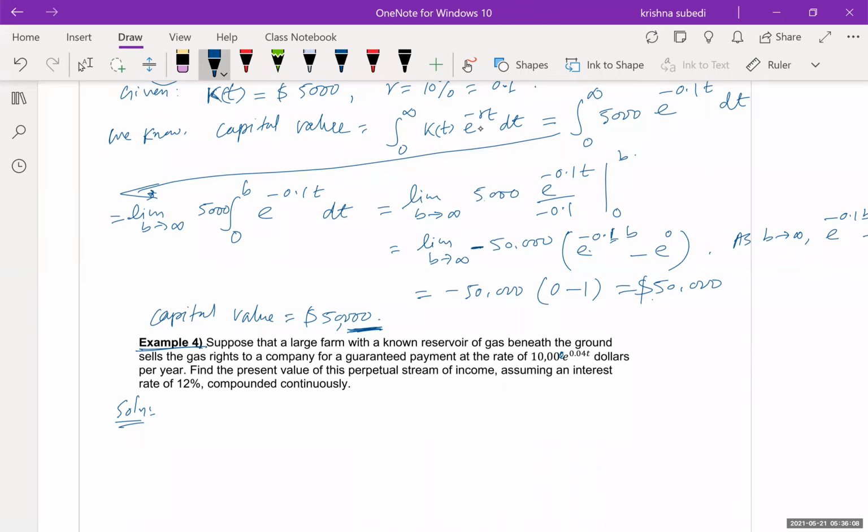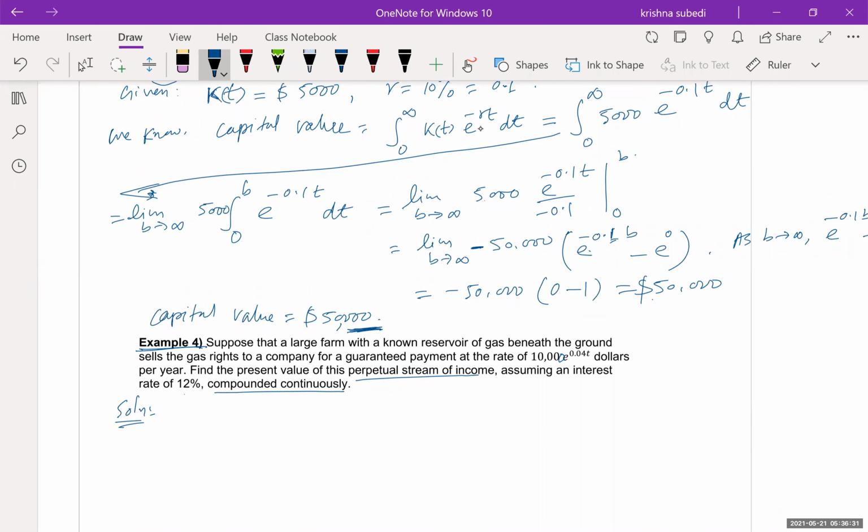This is 10,000 e raised to power 0.04 t dollars per year. Find the present value of the perpetual stream of income, assuming an interest rate of 12% compounded continuously.